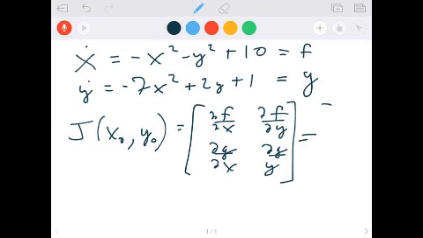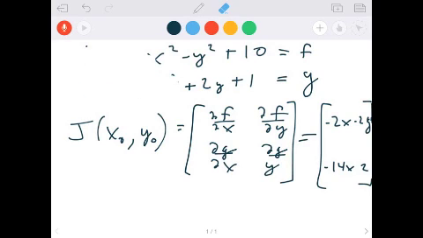Partial of f with respect to x, in this case minus 2x, and then minus 2y. Sorry, those are separate entries. I'm just running out of space here. Then the bottom, you'd get minus 14x and just positive 2. Okay, and just pretend that that goes over and is our matrix. That's a little ugly. That's okay.